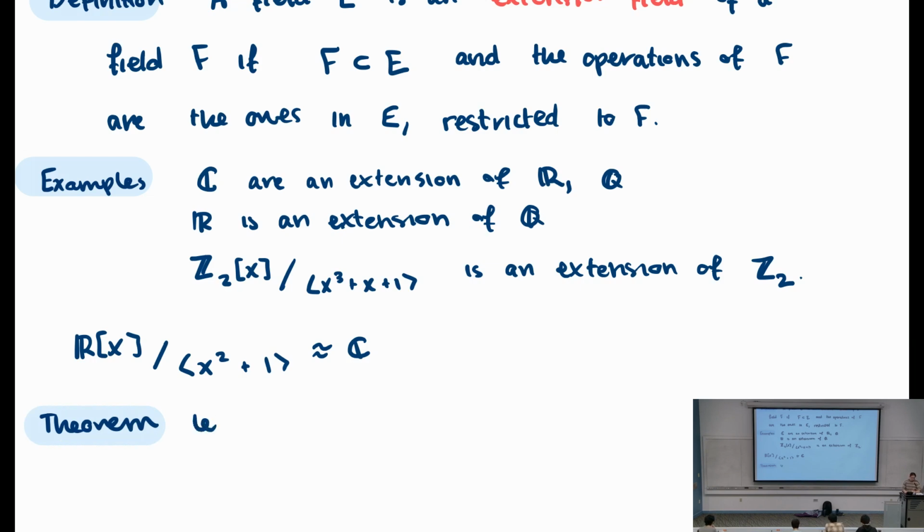So let's let F be a field, and let's let f of x be a polynomial with coefficients over F, and we want it to be non-constant.